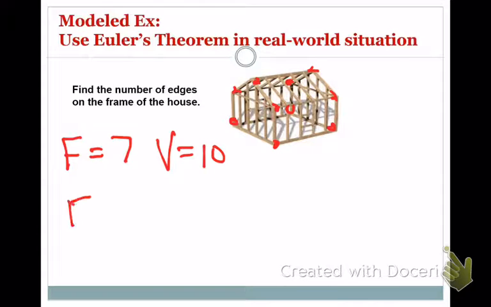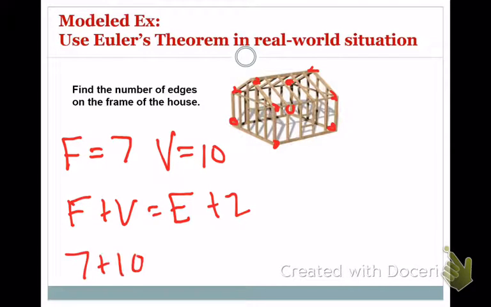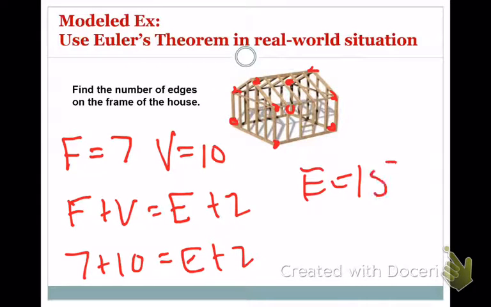No, not 17. Faces plus vertices equals E plus 2. Yeah, you'd have 15. So it would be 7 plus 10 equals E plus 2. So that's going to be E equals 15.